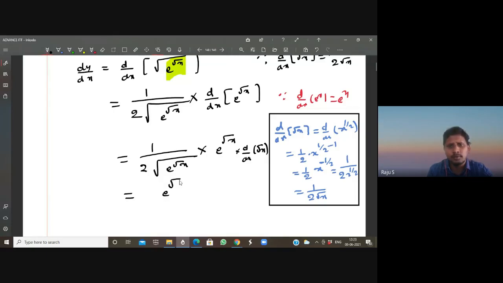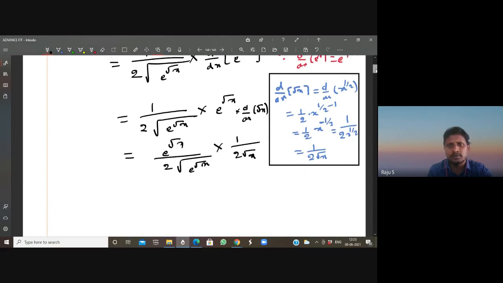So e to the power of root x by 2 times of root x, into, now root x derivative again 1 by 2 root x. Just now I derived that. Okay, so finally, what is the answer?